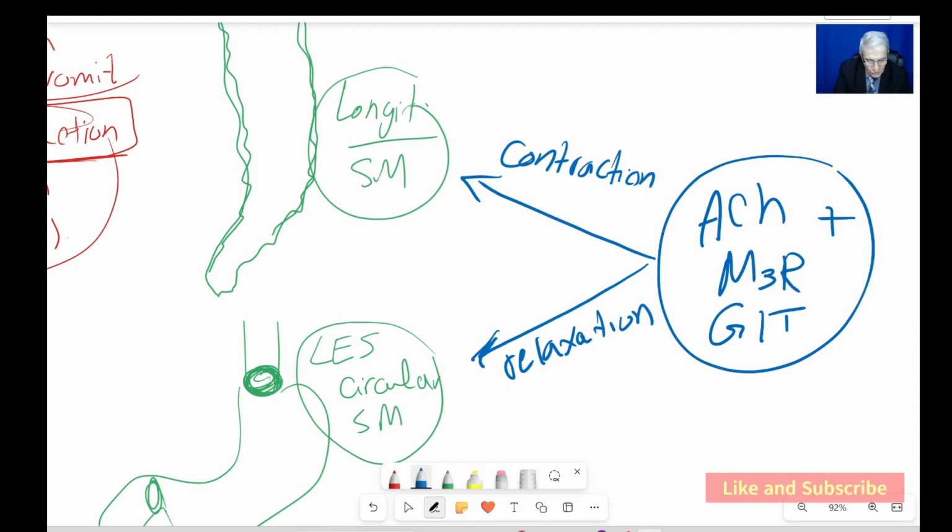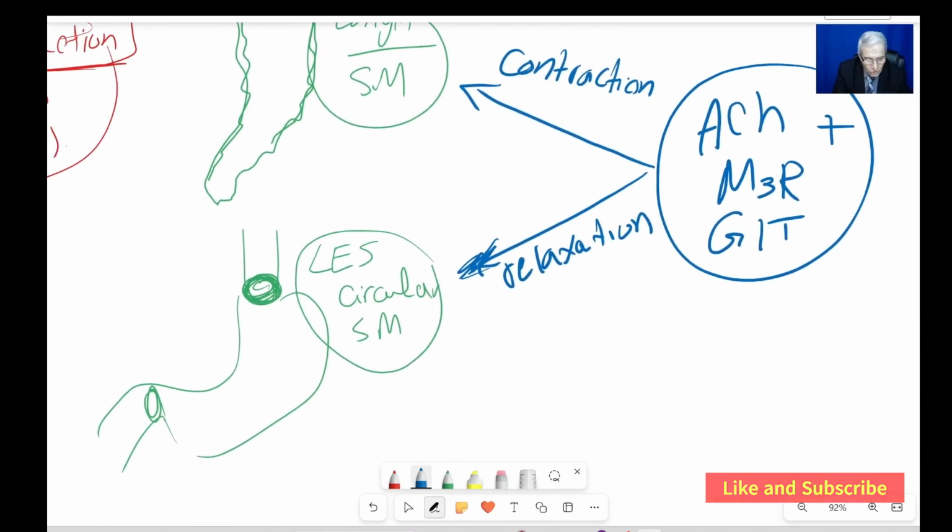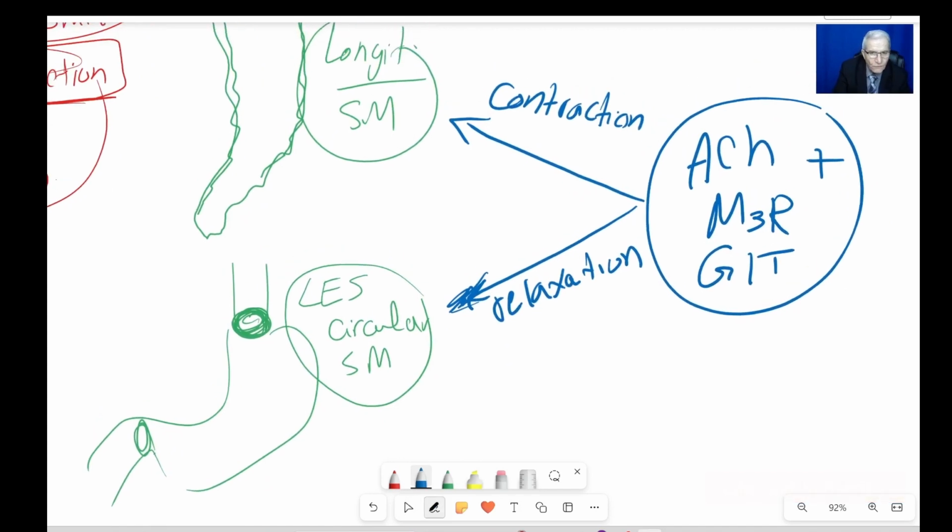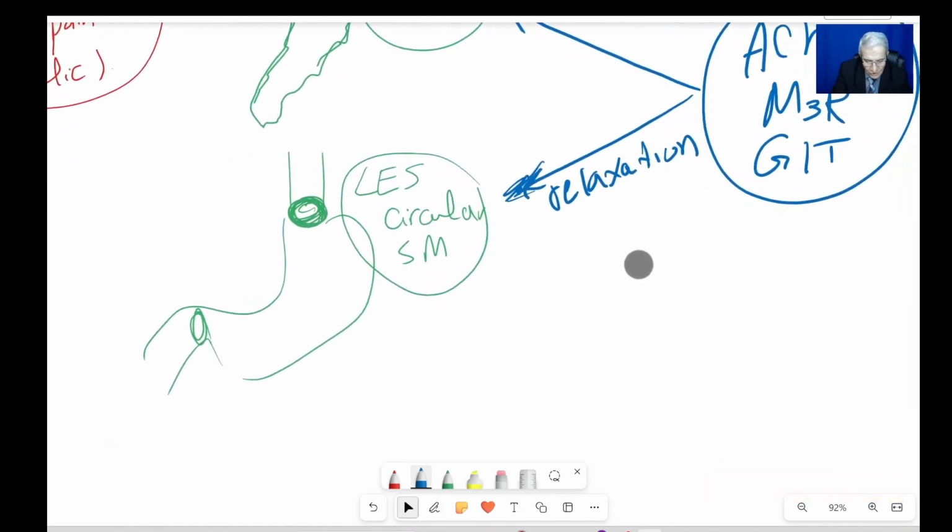So acetylcholine causes contraction of longitudinal smooth muscles and enhances sphincter tone. Okay, that's the effect of acetylcholine. So now we understand what happened there.